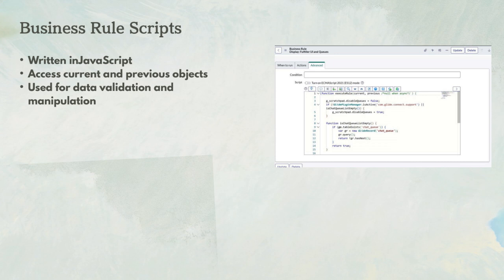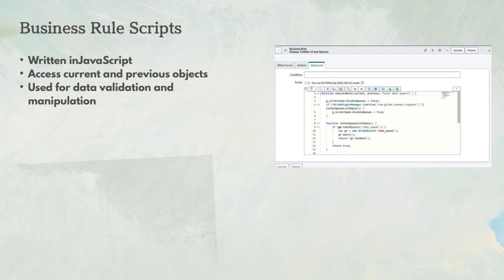This is crucial because it allows us to perform data validation and manipulation effectively. By referencing these objects, we can compare past and present data, ensuring consistency and accuracy throughout our processes. All of this is written in JavaScript, which gives us a lot of flexibility and power to create dynamic and responsive business rules.